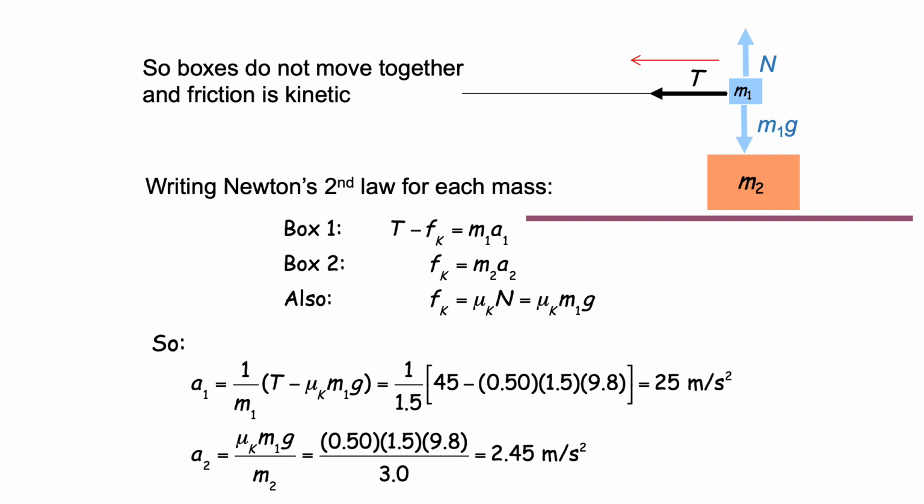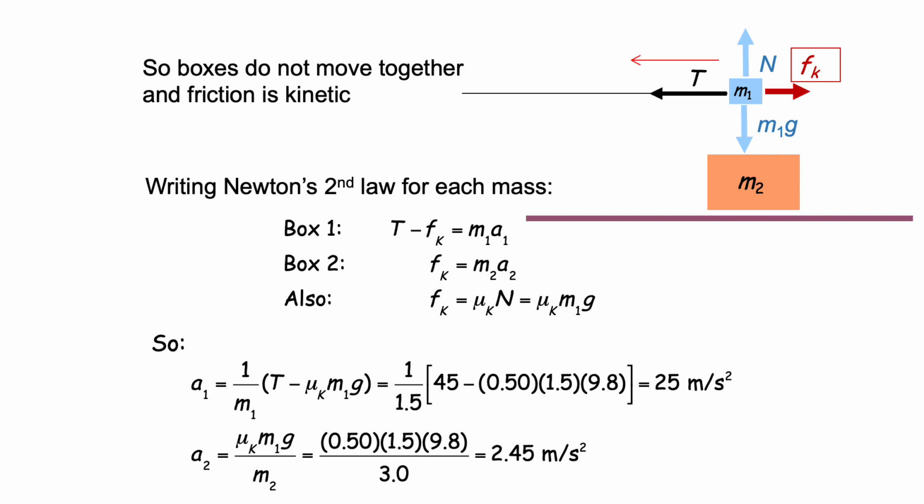So it's not as if the second block stays still. The act of the top block sliding across it, applying kinetic friction, does apply force to accelerate block 2. But most of the acceleration is taken up by block 1 since it is moving and there's no static force holding them together.